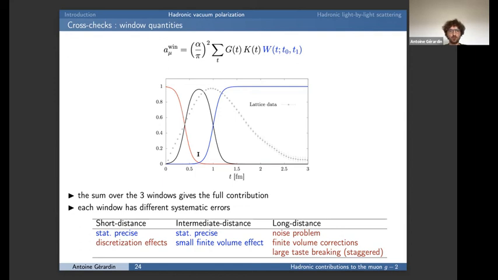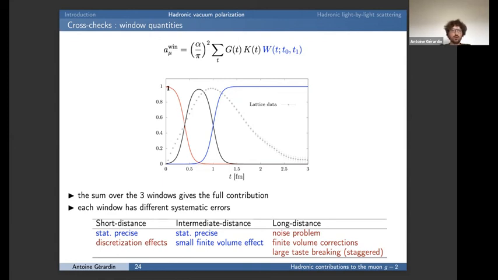Here I show in red, black, and blue 3 different windows, which are called the short distance, intermediate distance, and long distance windows. And here in gray, you see what I have shown before, the integrand for typical lattice data, so this is G times K. These 3 windows are built in such a way that if we sum over the 3 windows, then we end up with the full contribution.